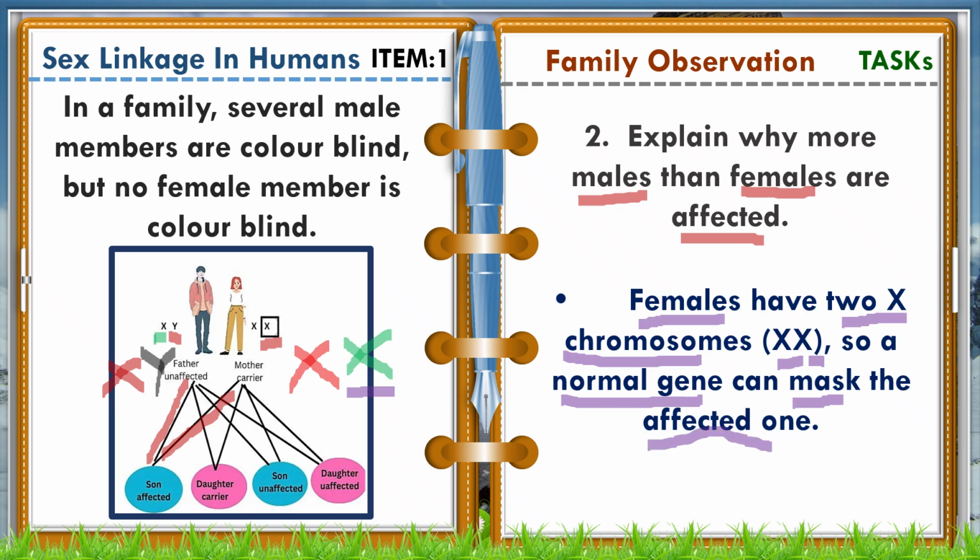So this gene here on this normal chromosome is going to suppress the gene here from expressing itself. So this gene here is going to be suppressed, or what we call being masked. It will not be allowed to show color blindness because of the presence of a normal gene on this normal X chromosome.